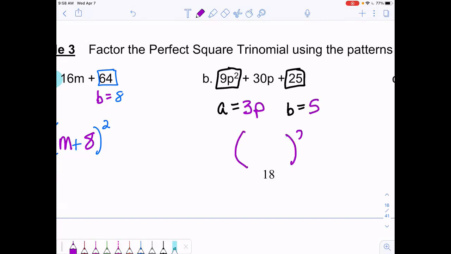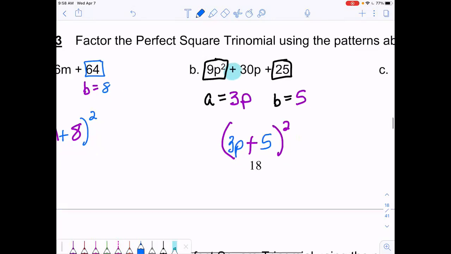So you're going to have parentheses squared. Is it a plus or minus inside? Again, that's because there's a plus right here. And then what goes in there? That's it. Really short factoring. I don't have to go through that whole list of writing all the factors. You could go through the whole list, but we're taking 9 times 25. It would take you a long time.